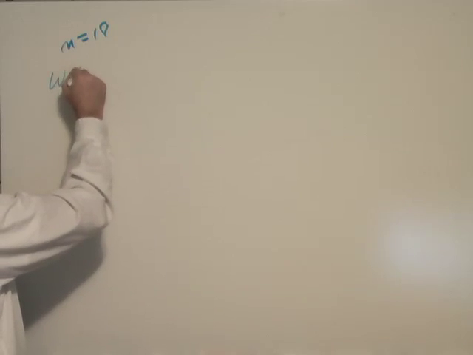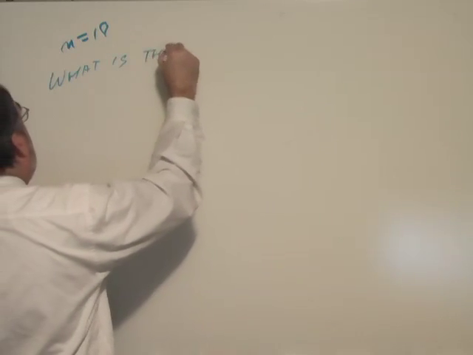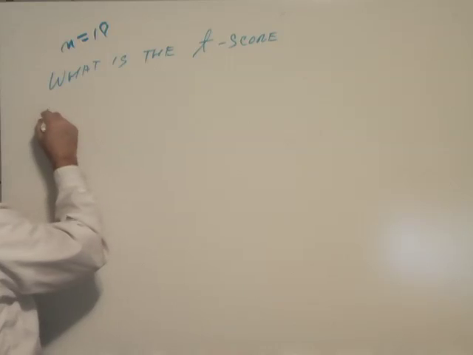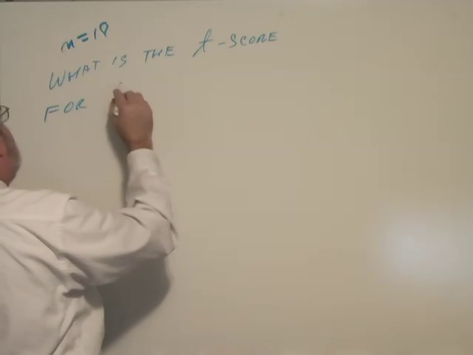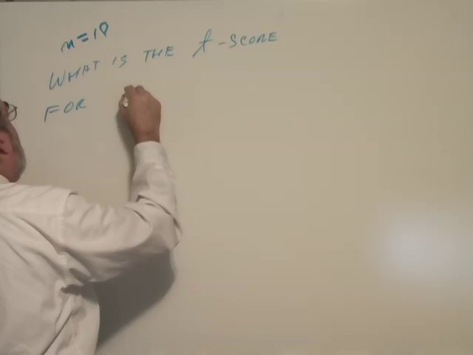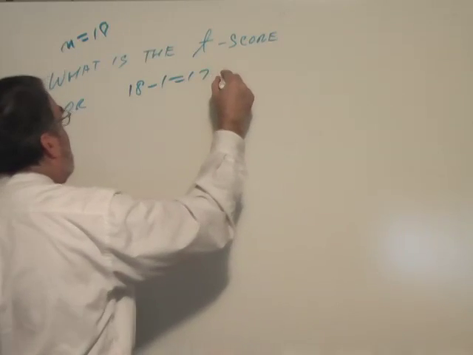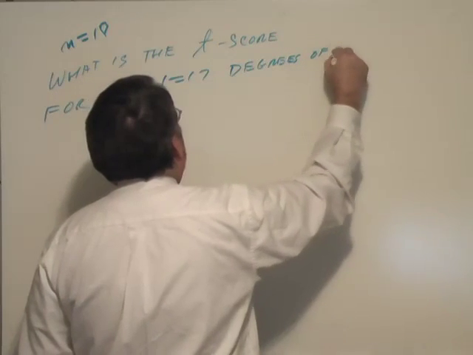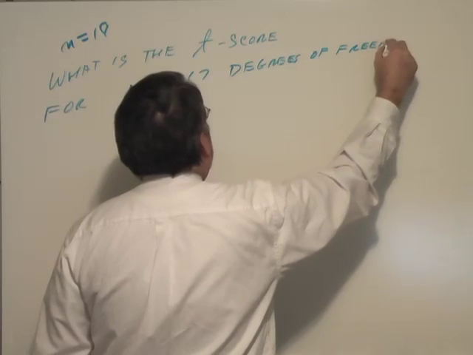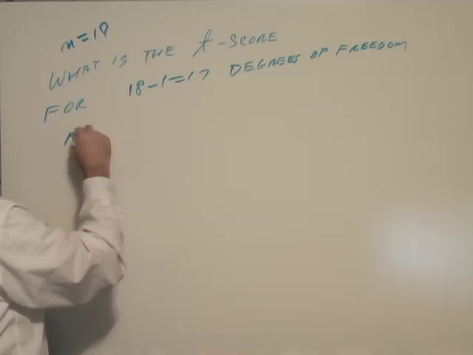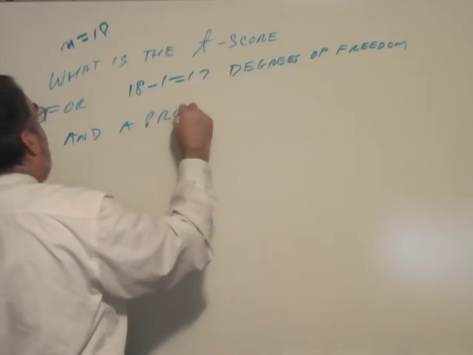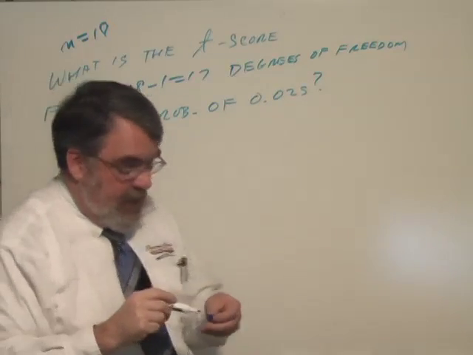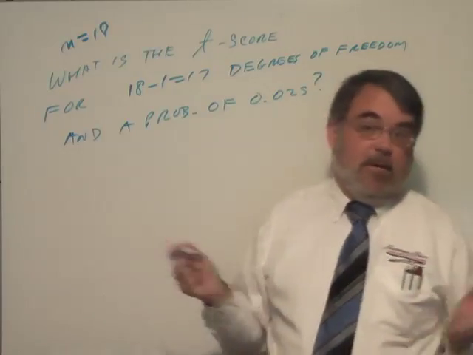So what is the t-score for 18 minus 1 equals 17 degrees of freedom, and a probability of 0.025. Alright, well, that may look like a lot of Greek to you right now.